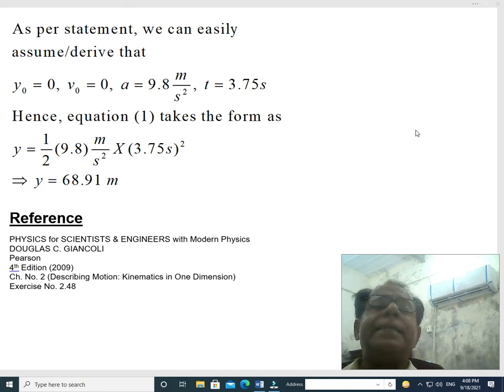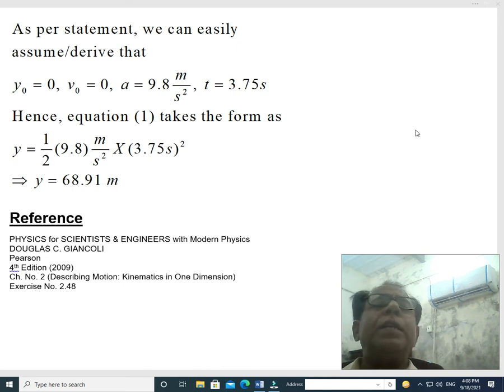Hence equation number 1 takes the form y equal to 0, because y naught is equal to 0, plus v naught t, that is 0 into 3.75 second, which will again become 0.